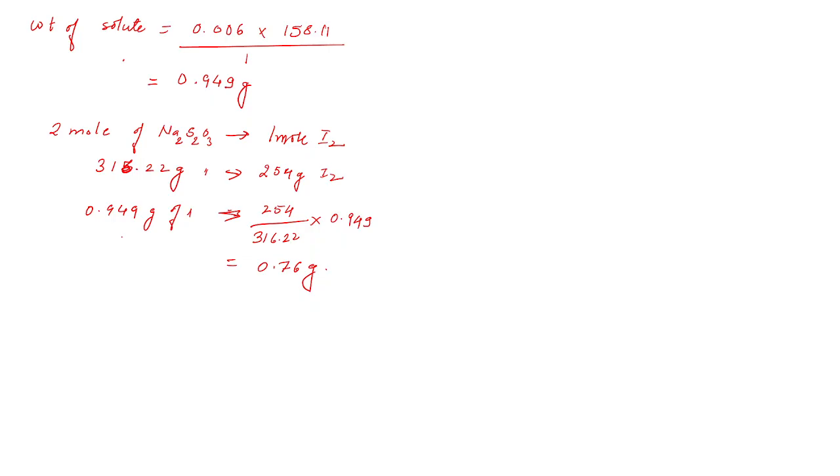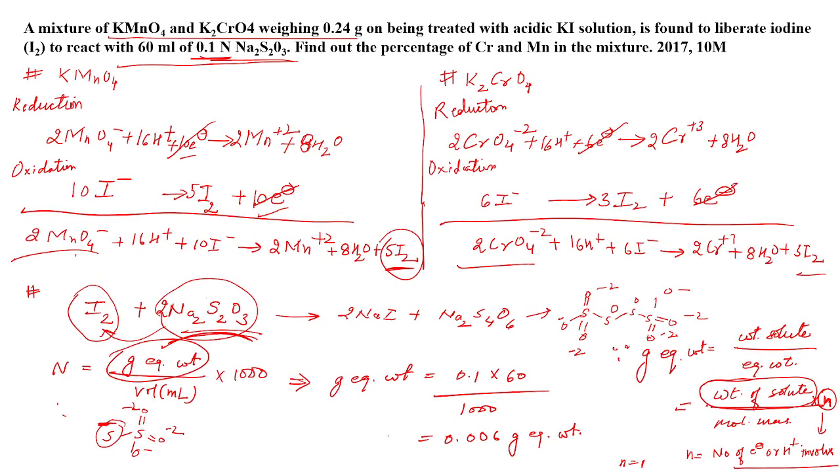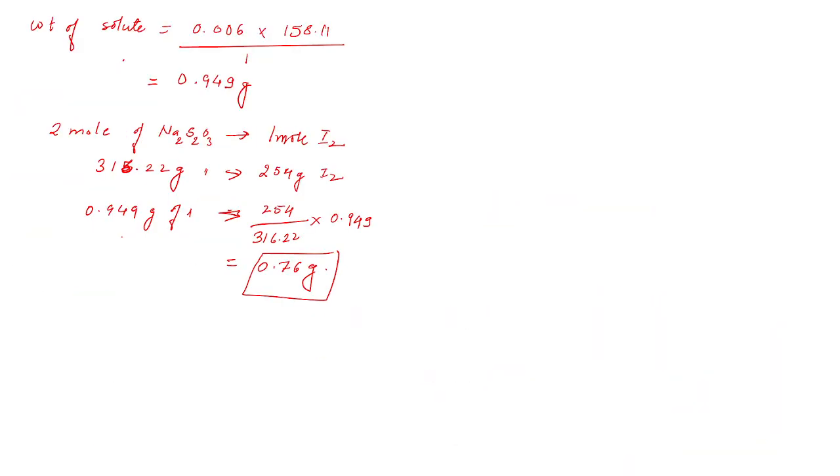Okay, so what is this 0.76 gram? This is the amount of iodine that is liberated when the complete reaction takes place. Both reactions are taking place. So now, using these reactions, we are going to find out how much KMnO4 and K2Cr2O7 is there in the reaction medium.